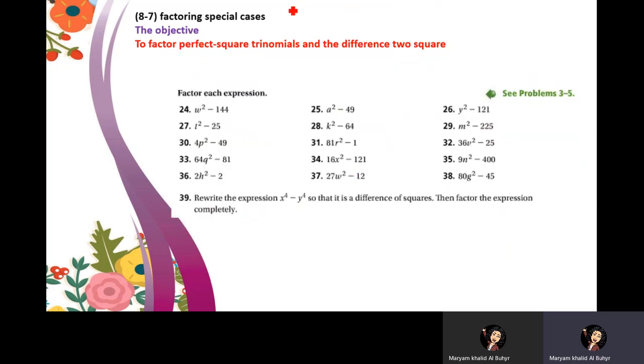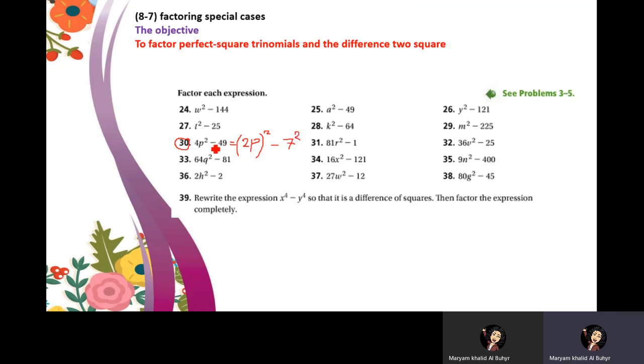So here, from these exercises, I want to solve with you exercise 30, which is exactly the same idea. I'm going to write this as (2p) to the power 2, which is the same explanation that I did a few minutes ago, minus 7 to the power 2.